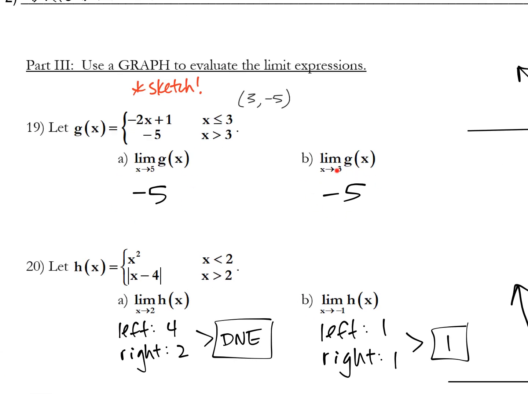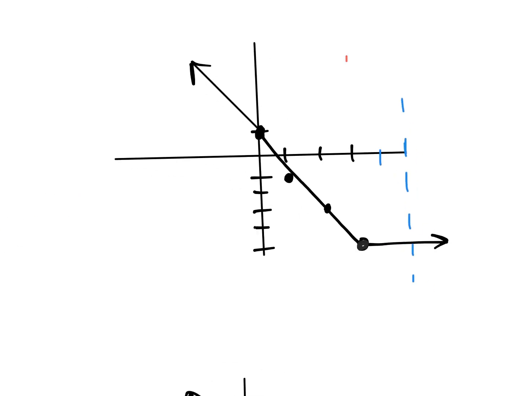Okay, let's look at 3. So 3 is a different x value. I'm going to go to 3 here. It's right there. So okay, cool. As my left hand is approaching this x value, it's coming down this roller coaster like this. And as my right hand is approaching, it's on this flat line here. See how my hands are going to meet as I move them across the graph, approaching 3 from the left and approaching 3 from the right.